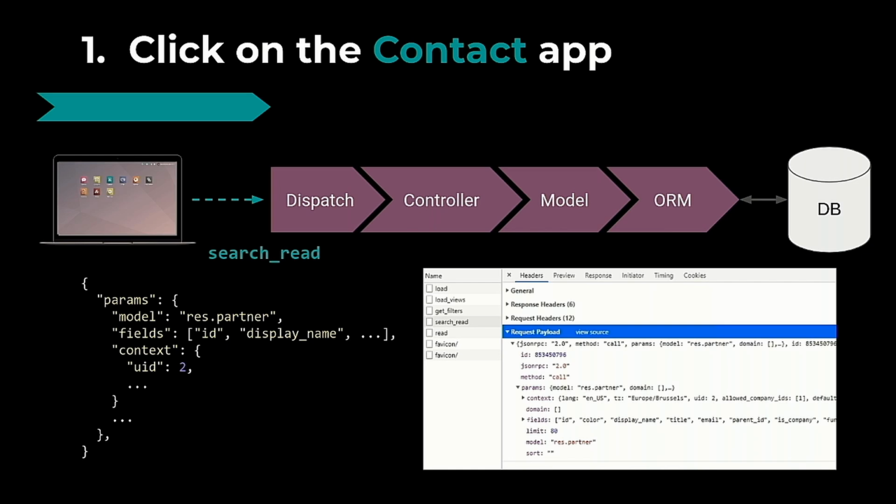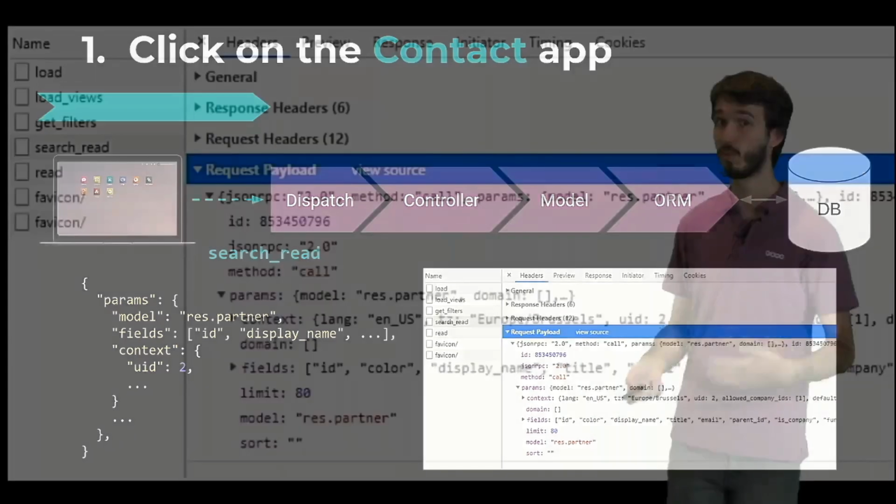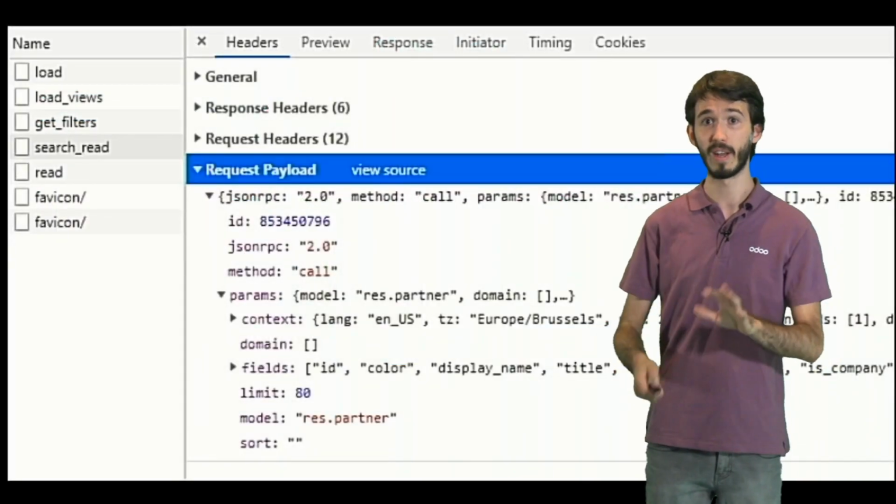It will say, okay server, I want to search read on res.partner, and I want the ID, the display name, the color, the email, the phone, the picture, etc., and some context things like language, current time, etc. Currently we are still in the browser. We can see on the right that when I click the search read, I can go into the Headers tab, and I can see in the payload the actual content which is sent to the server, which is summarized on my left.